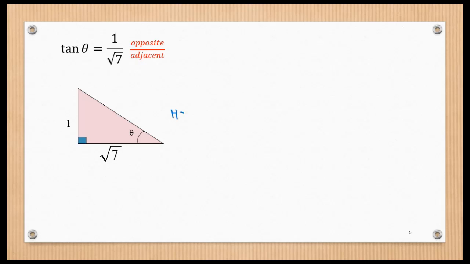H is equivalent to the square root of 1 squared plus root 7 squared. You will have the square root of 1 plus 7, which is the square root of 8, which is equivalent to 2 root 2. So we have the hypotenuse of 2 root 2.